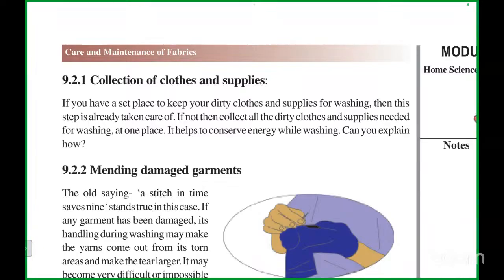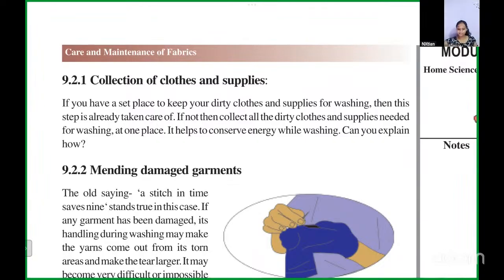You have to collect them from the room, and then you have to get the supplies for washing. This is the first step. If you already have a basket for dirty clothes where you put them, and the place where your washing supplies are stored, then this step is done.